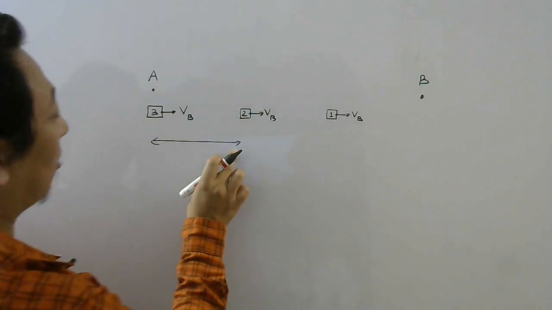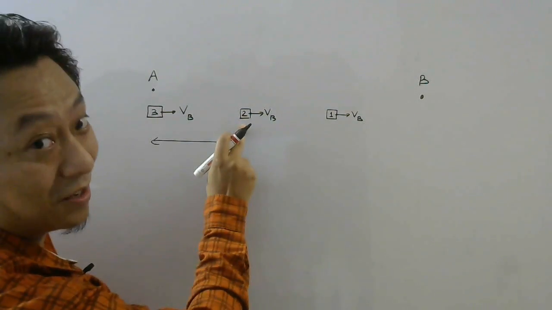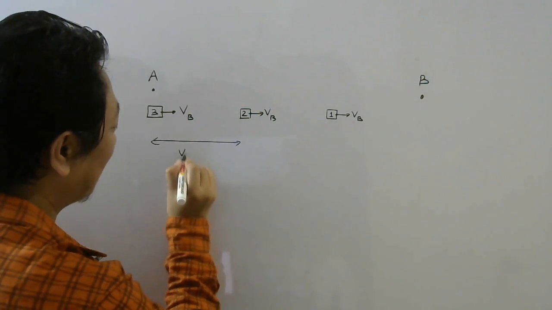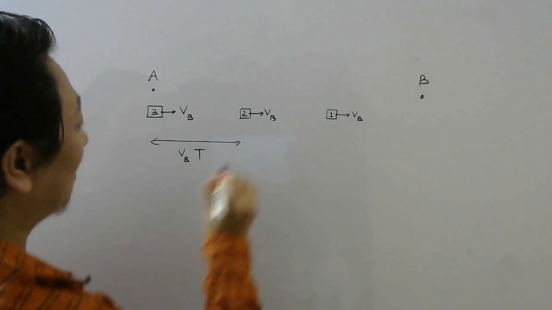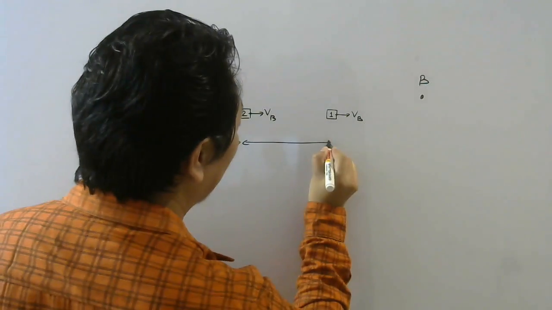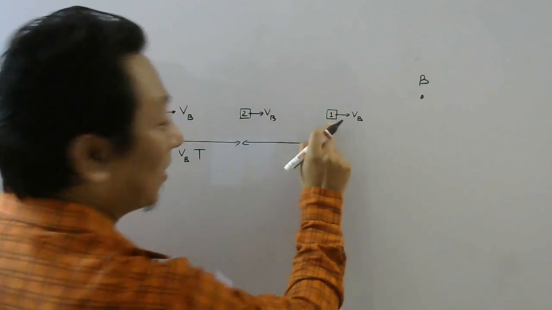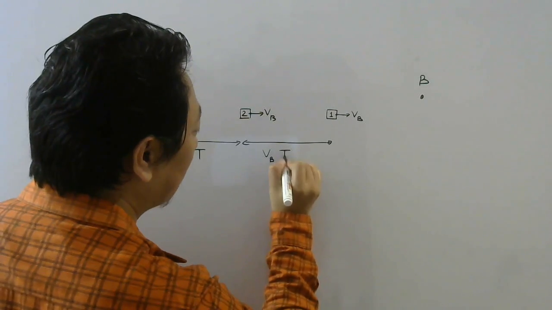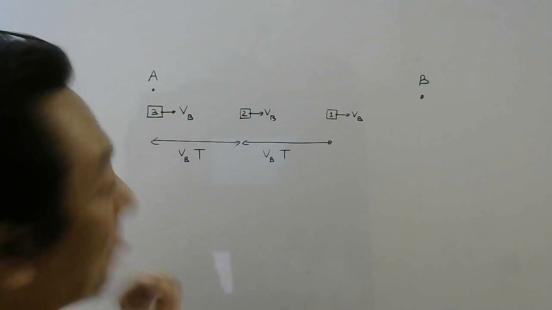Well, this is the gap which is nothing but distance traveled by second bus from here to here. In what time? T minutes, right? So this distance can be written as speed of the bus into the time taken, which is T minutes. Similarly, this distance can be written as distance covered by bus number 1 from here to here in T minutes. So this distance also should be speed of the bus into time taken, which is T minutes, right?